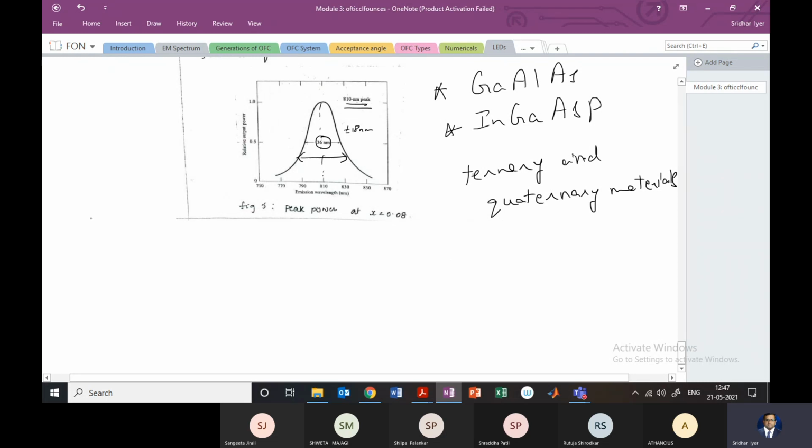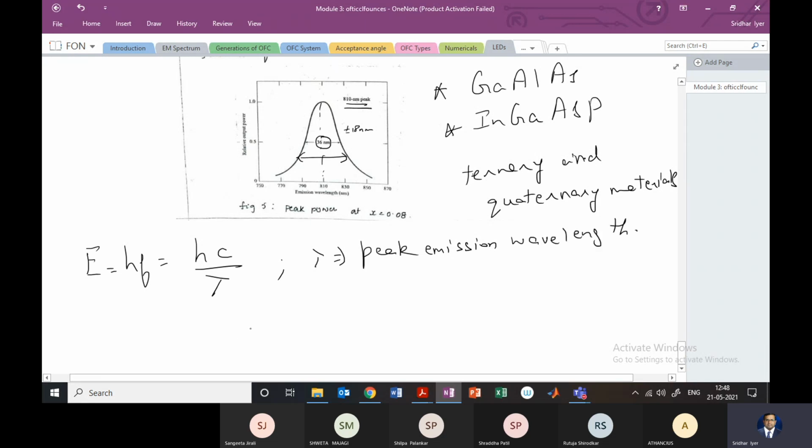You can see that. So we know that we have E equal to hf, which can also be written as hc by lambda. Here lambda is the peak emission wavelength.